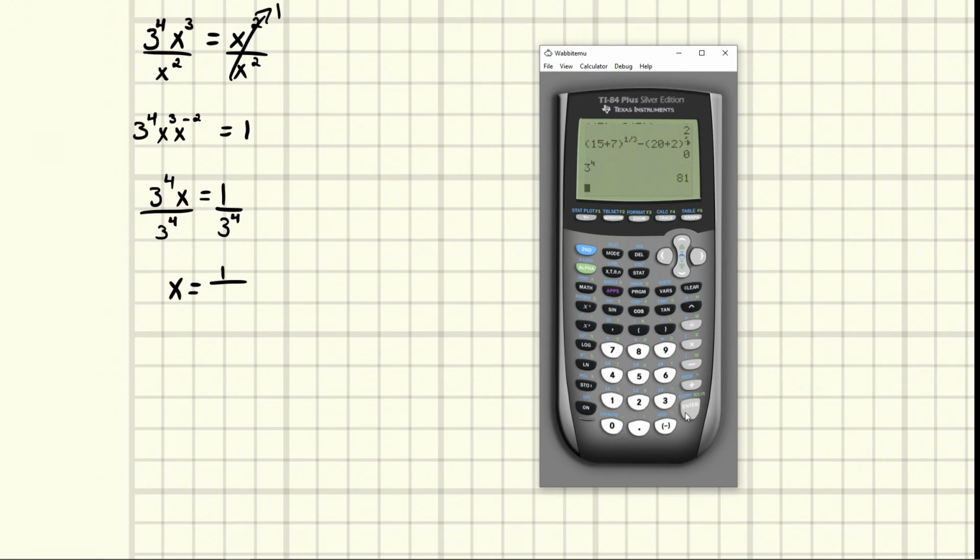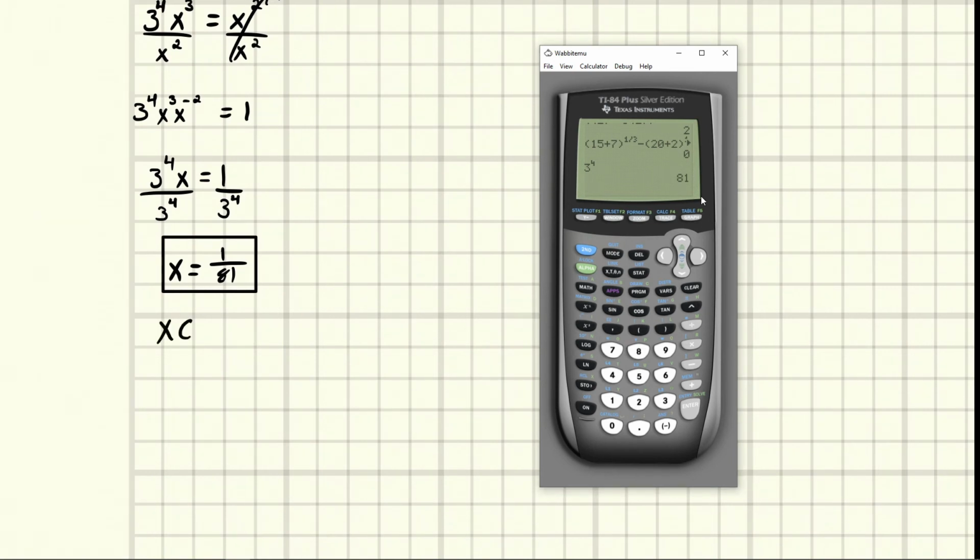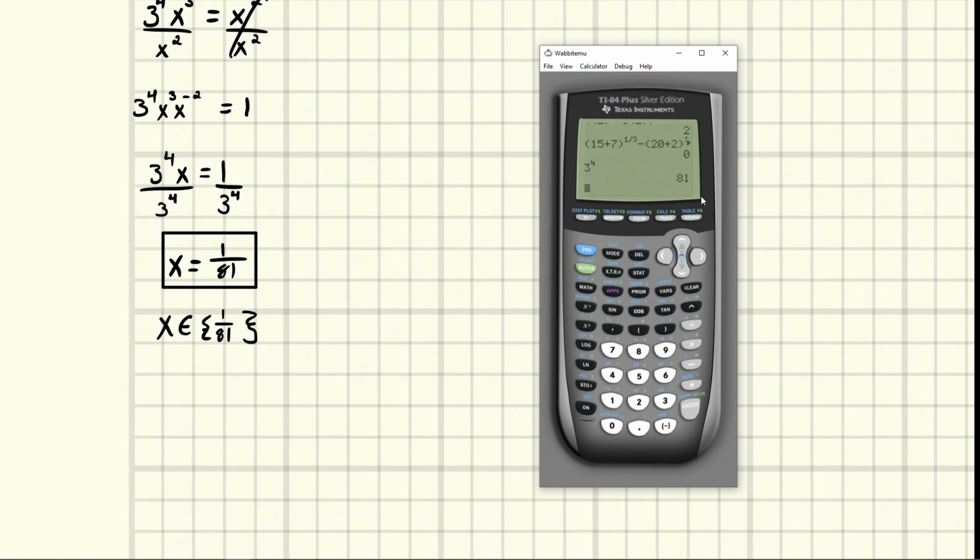We could check it. Yep, it's 81. So we get 1 over 81, and this is our answer. We could write x is an element of the set, meaning that one of the numbers in here makes it true, and 1 over 81 should do the job.